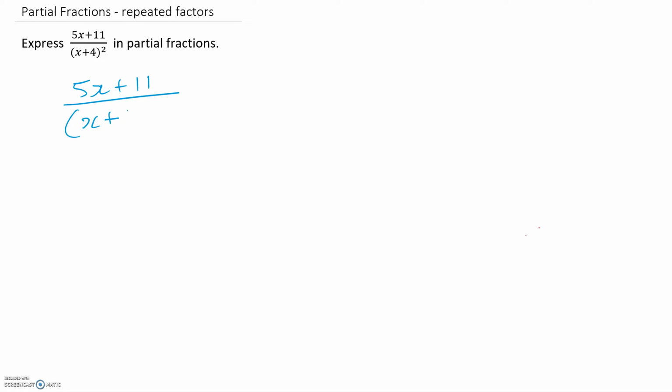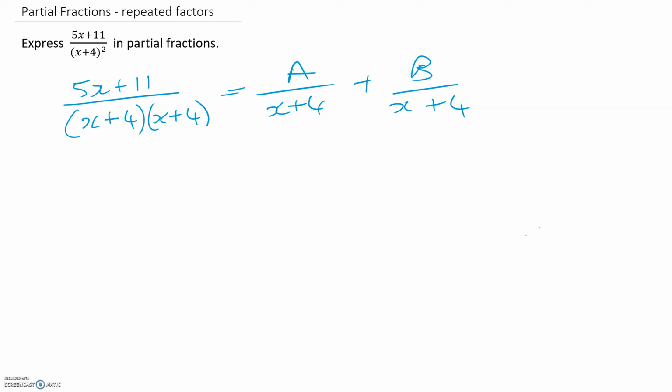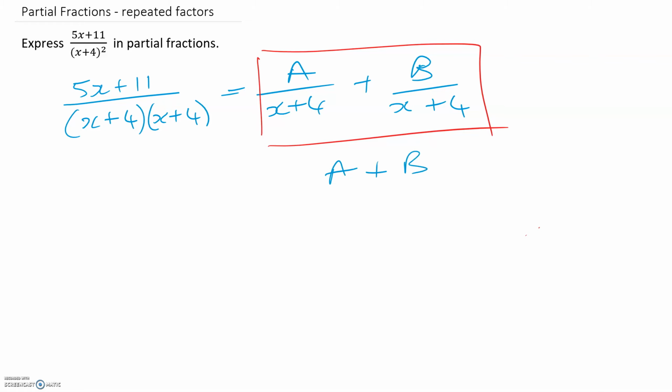I'll show you why. If you do what you'd expect to do, which is to write x plus 4, and then you do a over x plus 4 plus b over x plus 4. The problem with this, you probably see it straight away, is that whatever you find for a and b, if you were to take this right hand side and write it with a common denominator, your common denominator wouldn't be x plus 4 squared, it would just be x plus 4.